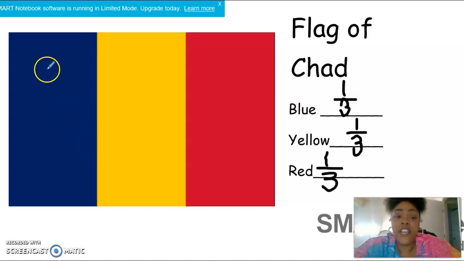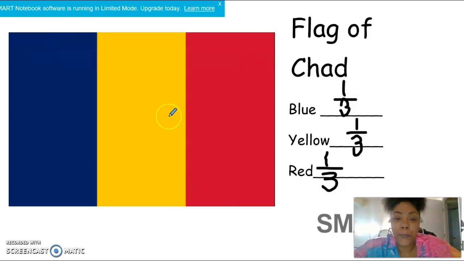So the fraction for each color on this flag is 1/3. 1/3 of this flag is blue, 1/3 of this flag is yellow, 1/3 of this flag is red. And all together, those 3/3 make 1. Did you say whole? You will be right.